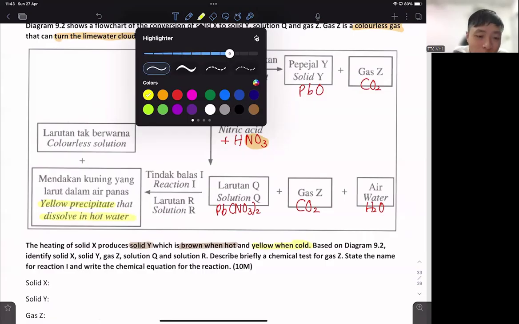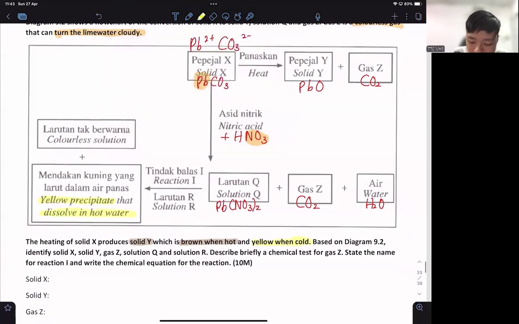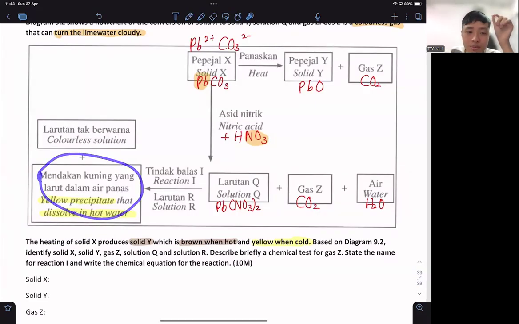May I know what this is? Yellow color. It is insoluble when cold, but soluble when hot. Remember there are two of them, PbCl2 and PbI2.